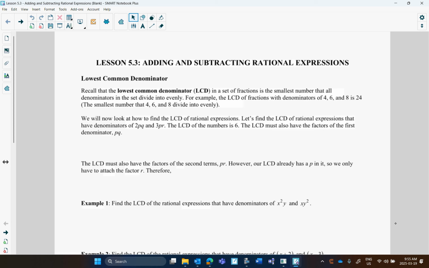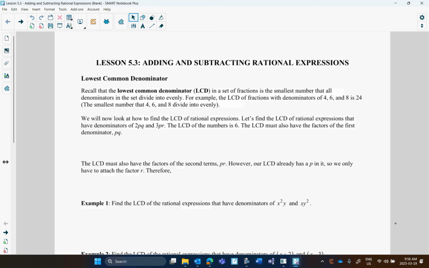So remember when we add or subtract numerical fractions, the denominators have to be the same, right? So we may have to convert one or the other, or both, before we can add them or subtract them. So we find the lowest common denominator.